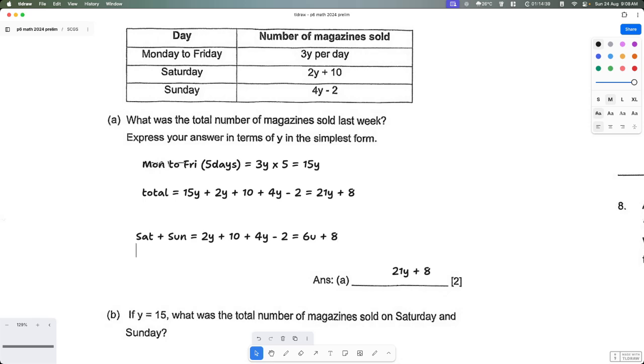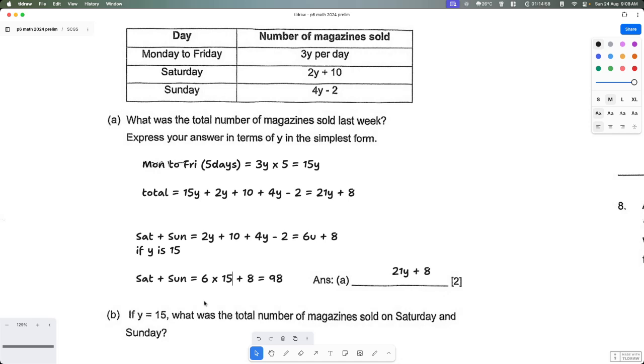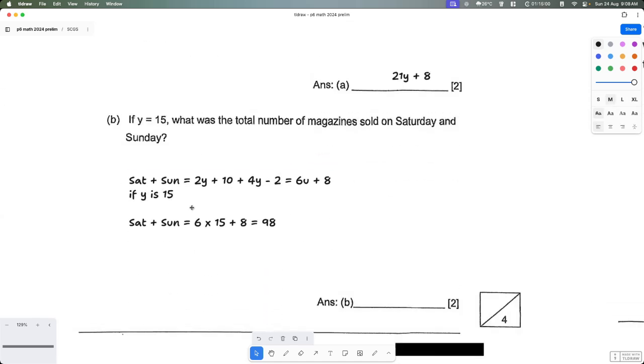That means if y is 15, Saturday and Sunday is equal to 6 times 15 plus 8, which is 98. There we go, that's the answer for this. The answer is 98. Let's move on to the next question.